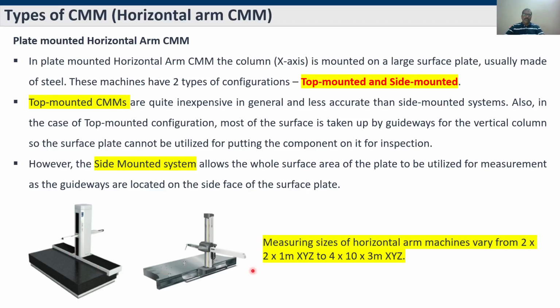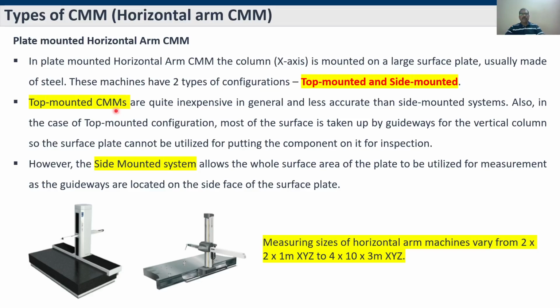From the diagram itself, we can see the difference between top mounted and side mounted. Top mounted means the horizontal arm CMM components are kept above the surface plate, which is made of steel. So it takes up some portion of the surface plate, and the measuring range will be limited in the top mounted one.